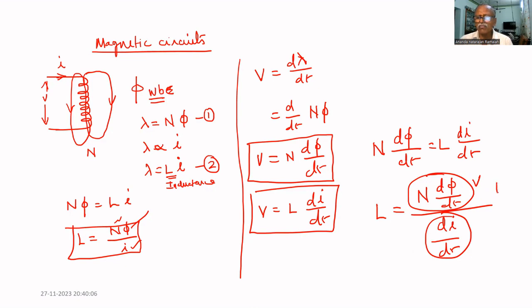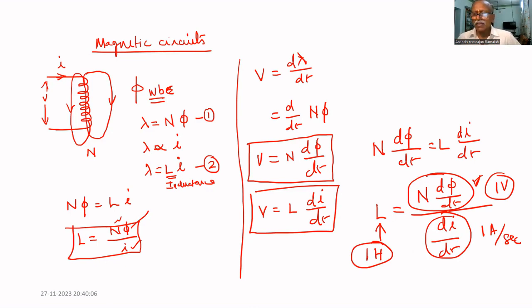When the voltage across the coil is 1 volt for a current change of 1 ampere per second, the inductance is 1 Henry. That is the definition for the unit of inductance.